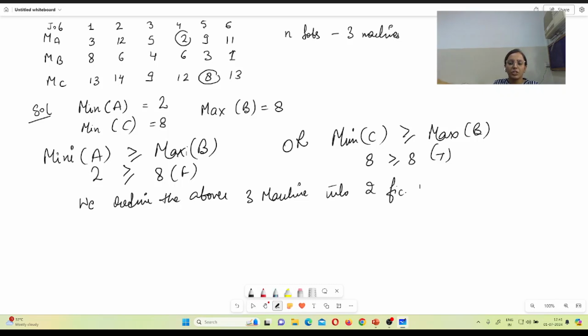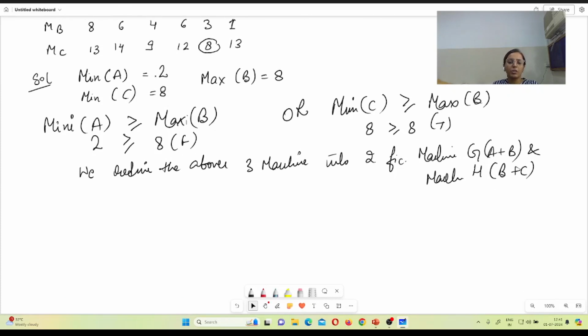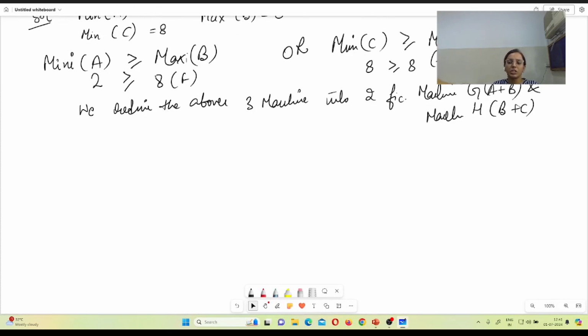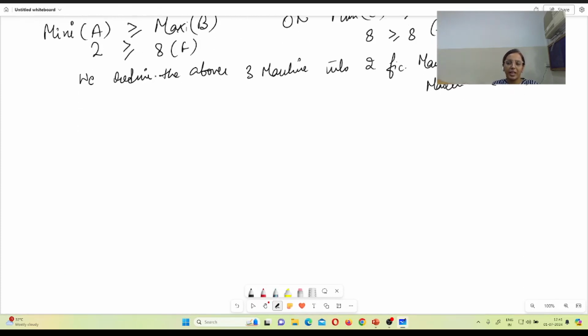We have taken two fictitious machines and named them G and H. The processing time for G will be the total processing time of machines A and B, and for the fictitious machine H, the total processing time will be B plus C. So we redefine our question from three machines into two fictitious machines, G and H.